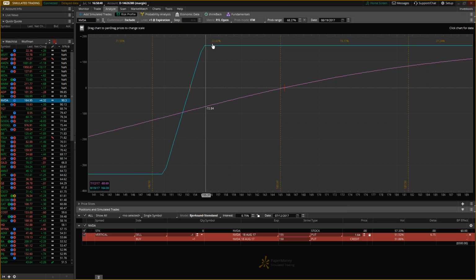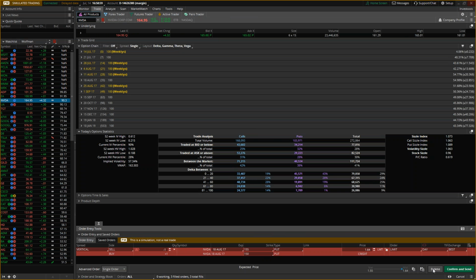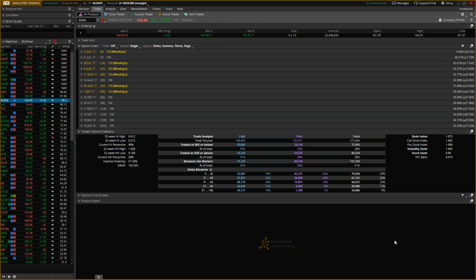Max profit is going to be that 164, but I'm going to be looking to get out of this at around 80 some cents, and it should happen within a week or two. So that's the beauty in trying to do it, and you don't have to ride out that last few days. Don't get in and out of these as fast as you can.